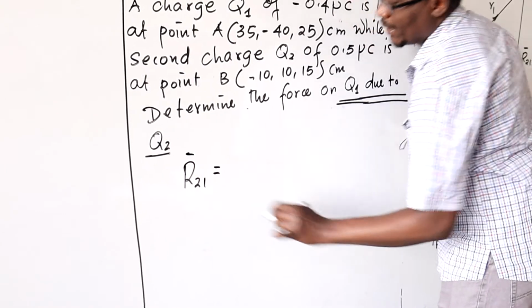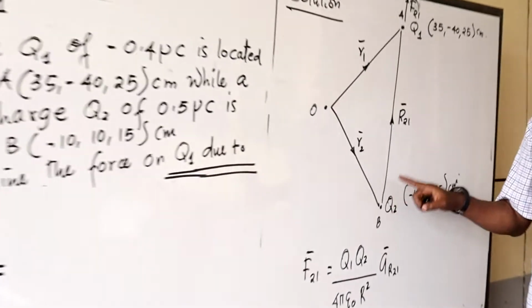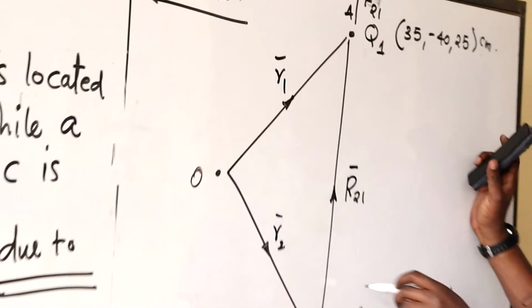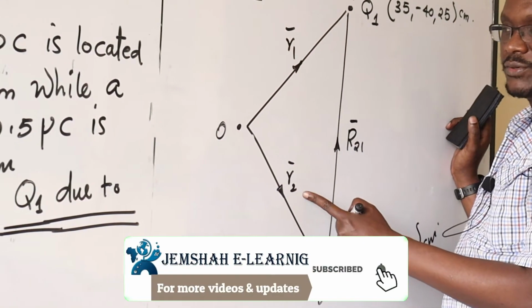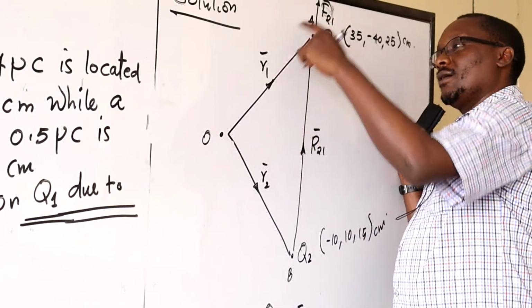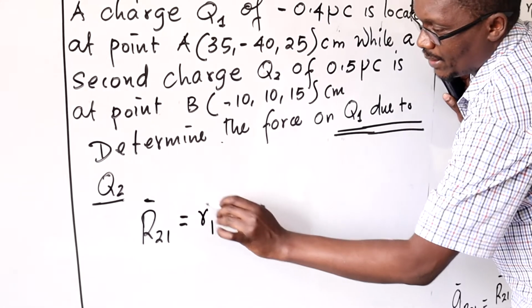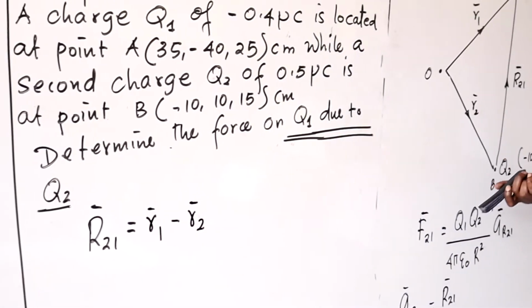R21 bar can be represented as what? As a vector. Remember the direction is from 2 or B to A. So from B to A, we are moving against the position vector R2, and along R1. So we can say this is the same as R1 bar minus R2 bar.